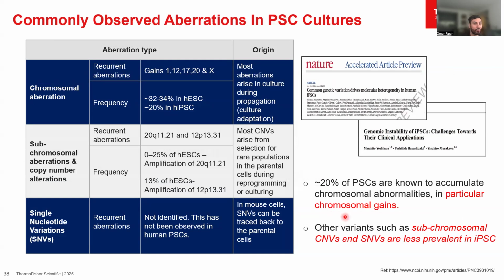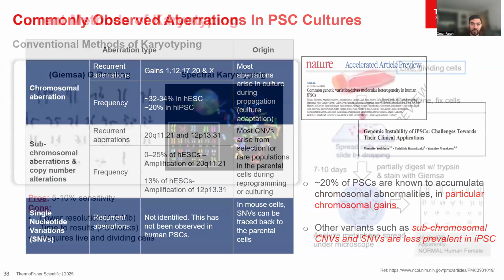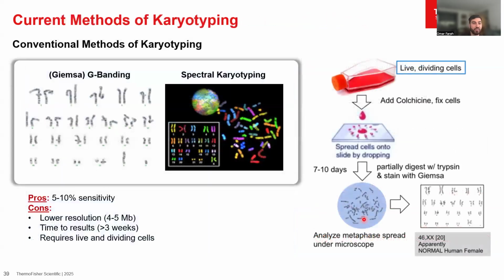In particular, chromosomal gains and losses are very frequent, but then as well, subchromosomal copy number variants have also been detected, right? And there are several different ways about looking at your cells, from a molecular standpoint, making sure that the transcriptome and pluripotency is maintained. But on the flip side of that, looking at karyotype of your cells is also really, really important.